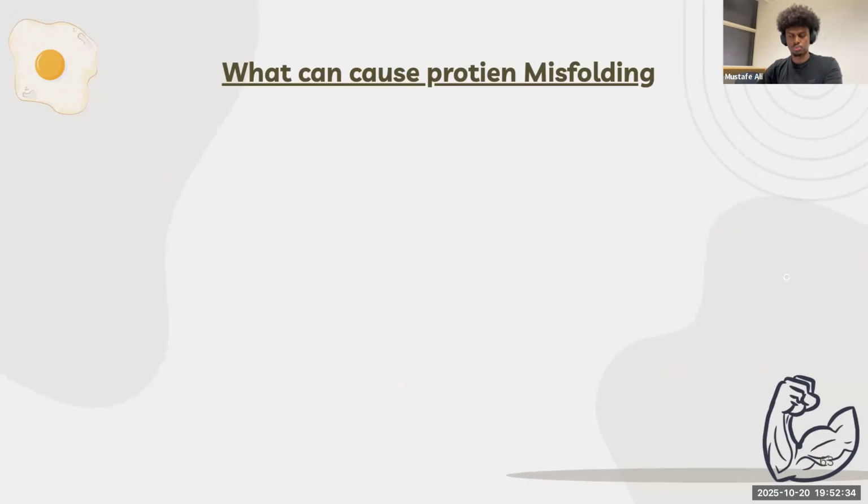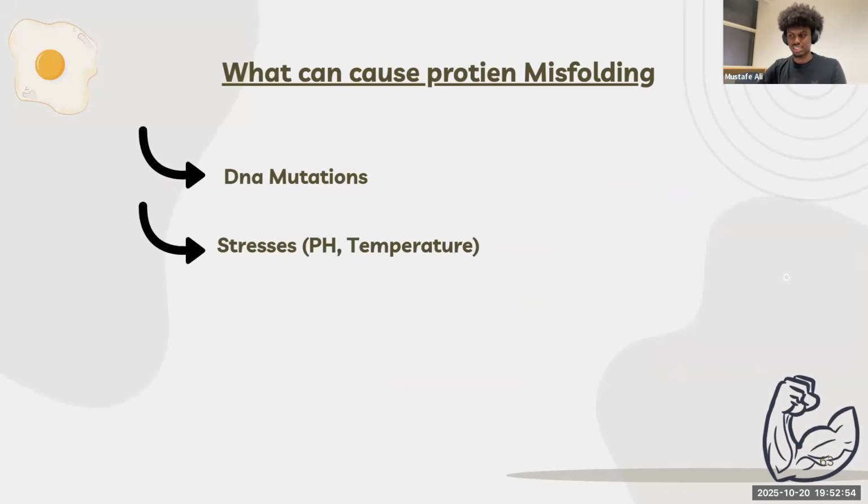But what can cause protein misfolding in general? What can literally lead to these proteins becoming misfolded and potentially lead to aggregating proteins and then lead to disease? Things like DNA mutations can lead to protein misfolding. Changes in the genetic material can lead to this. Things like stresses, like high temperatures, low temperatures, high pH, low pH.